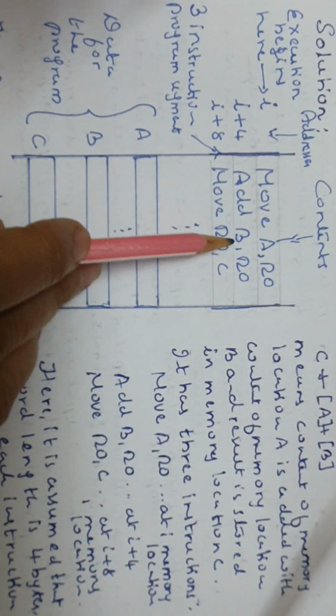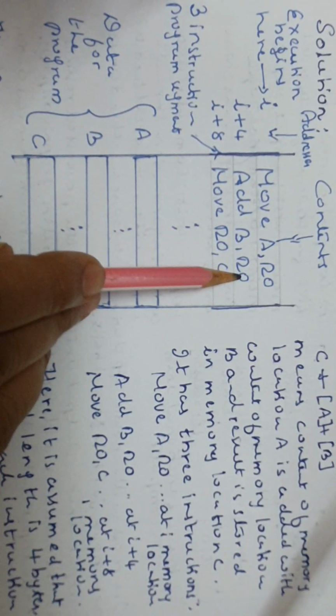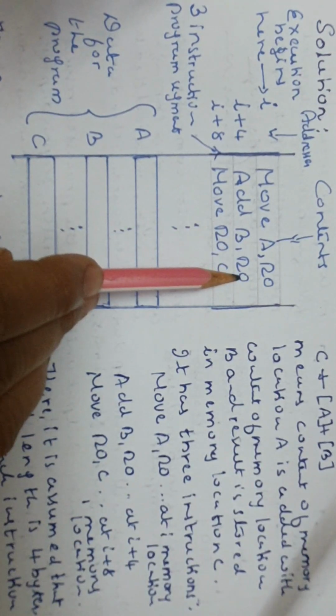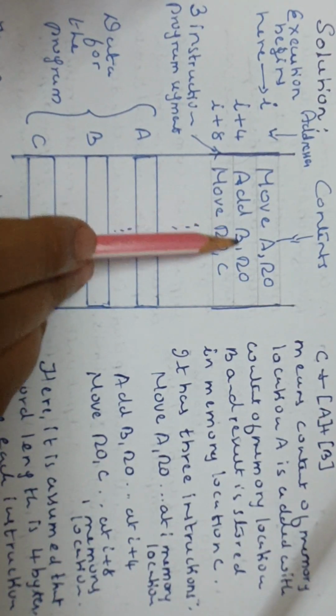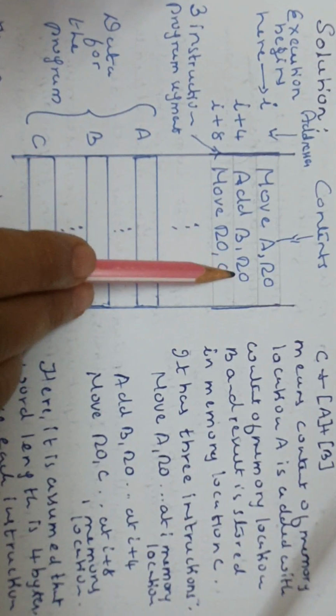Next, add B, R0. Add will do the addition. This is the source, this is the destination. The 2 numbers, this content and this content, it will add and store the result back in R0. So the B memory location content is added with the processor register R0 content.